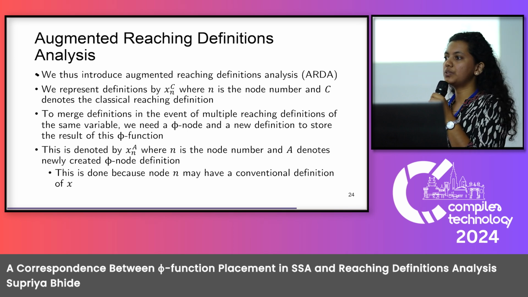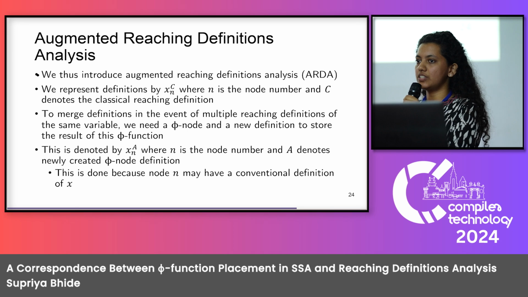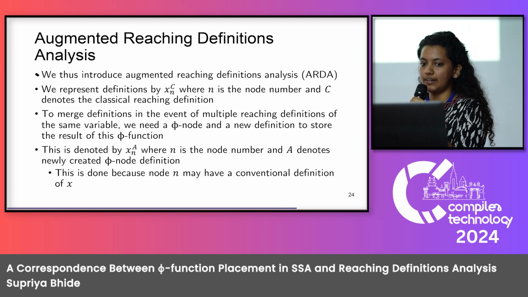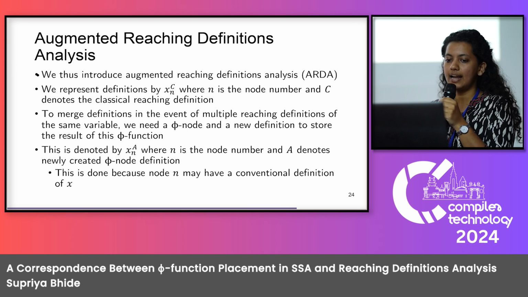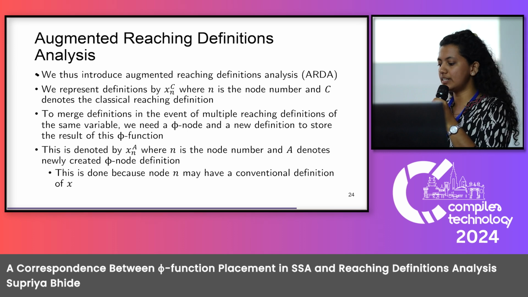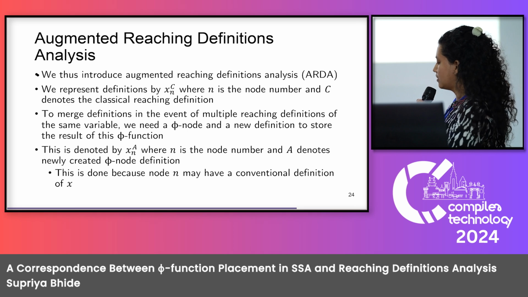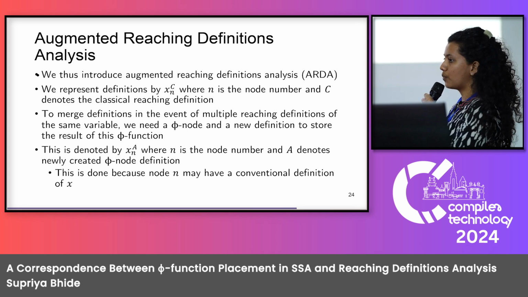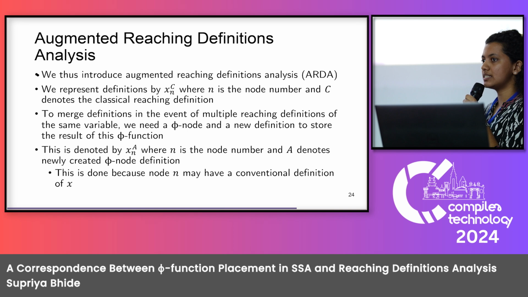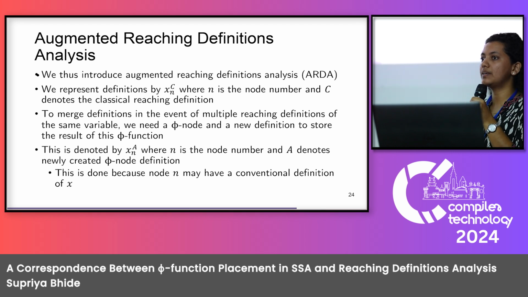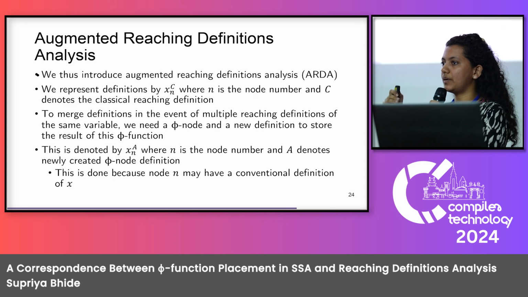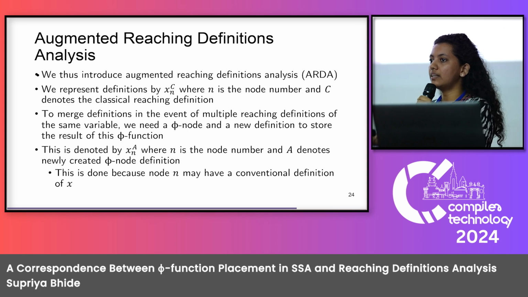So now we come to the notion of augmented reaching definitions analysis, which is the proposed idea. We propose ARDA, and here we represent the conventional definitions by the notation X_N^C, where N is the node number at which this definition is generated, and C denotes that it's the conventional definition. To merge the definitions when we have multiple definitions reaching a particular node, we need to create a new definition.